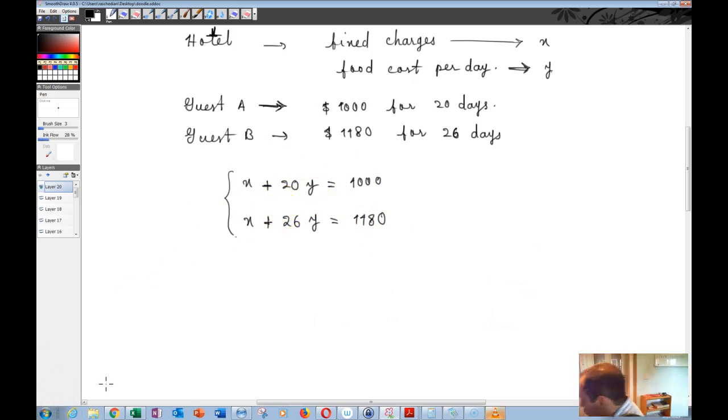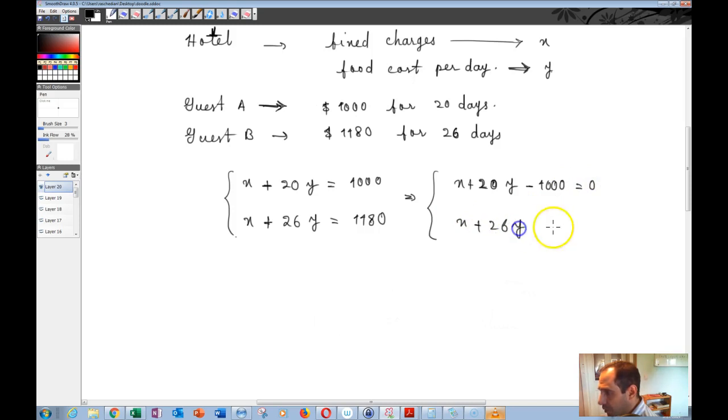I write the equations as x plus 20y minus 1000 is equal to 0, and x plus 26y minus 1180 is equal to 0.